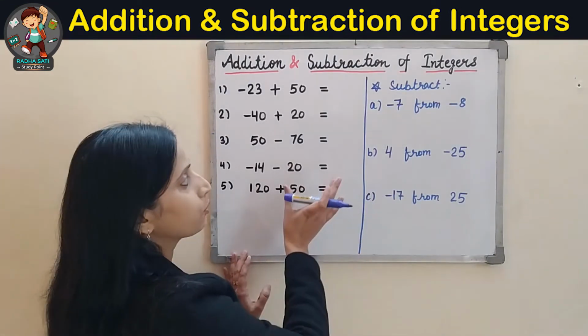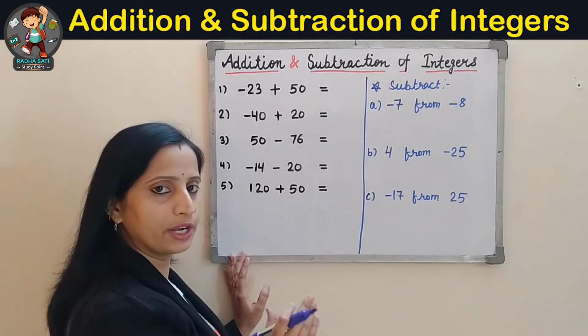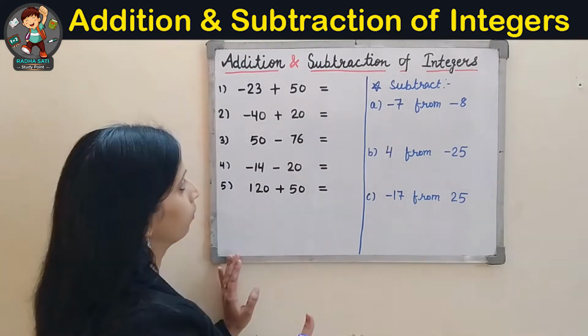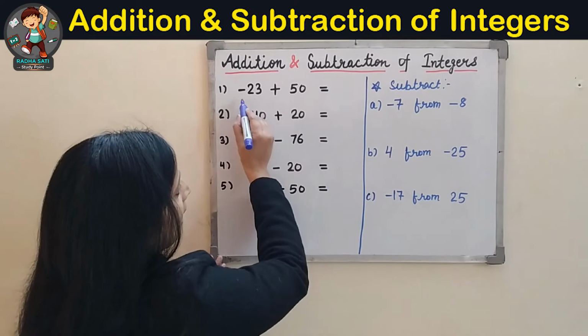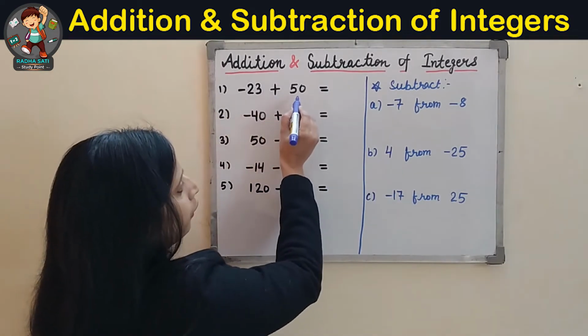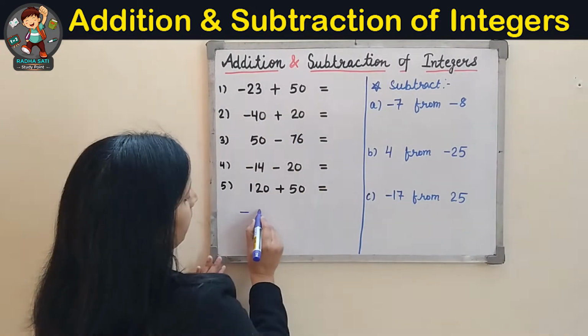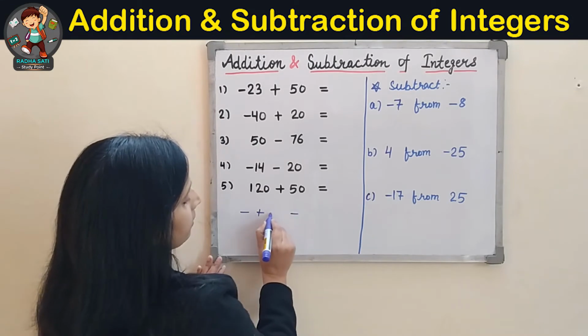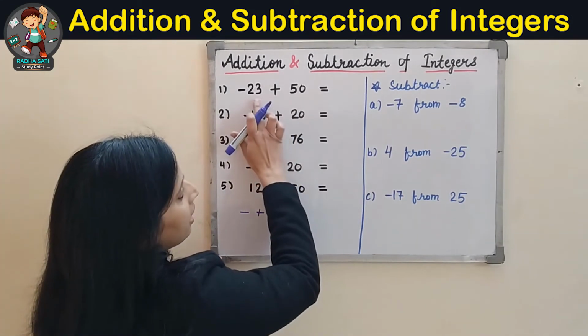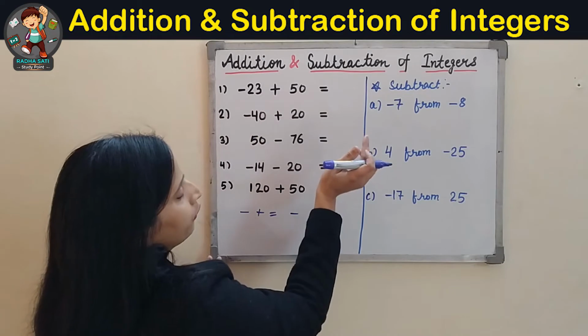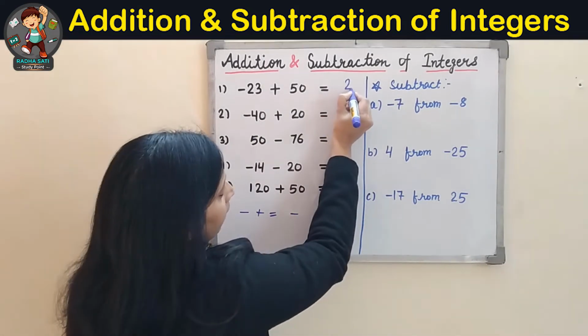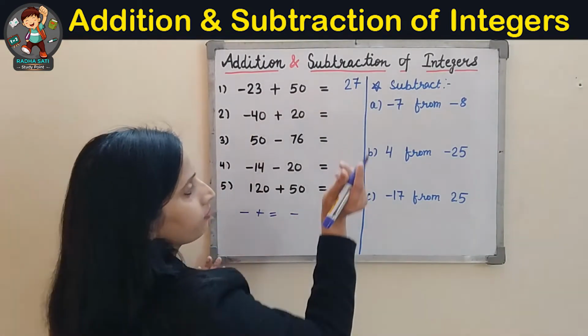Now we will solve some questions based on the rules that we learned just now. So the first is minus 23 plus 50. And we know that minus plus minus. So we will subtract 23 from 50 and we will get 27.